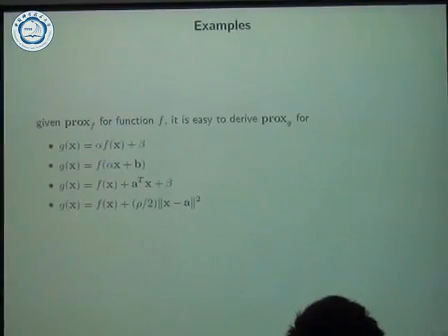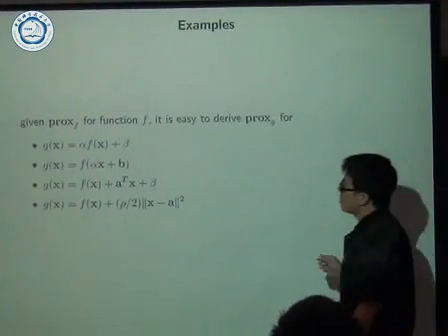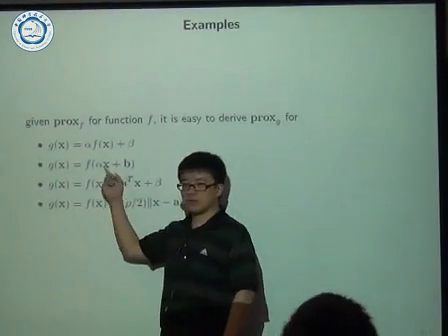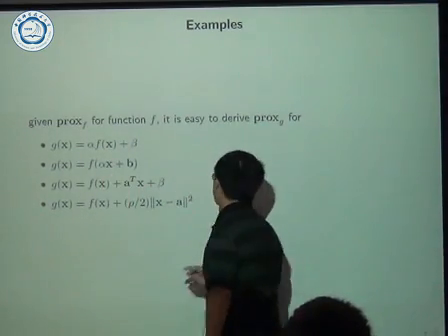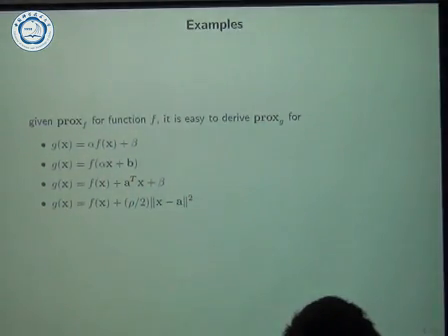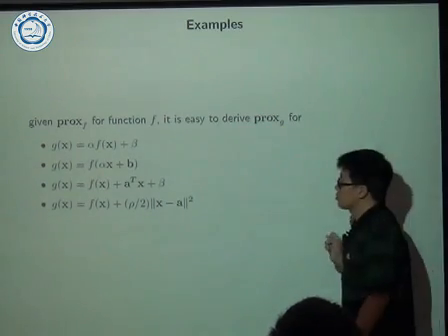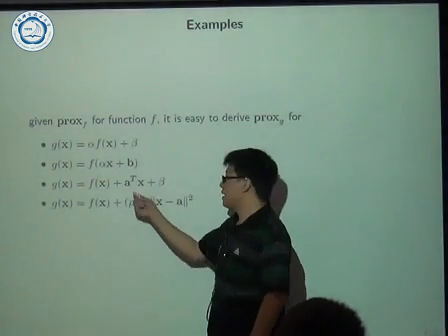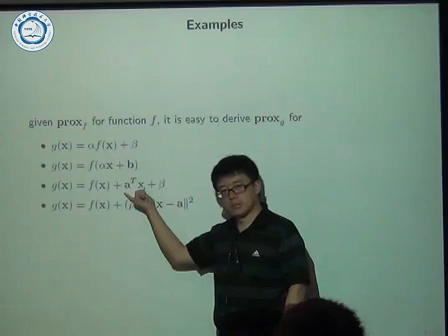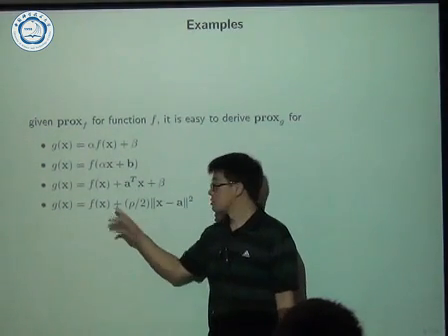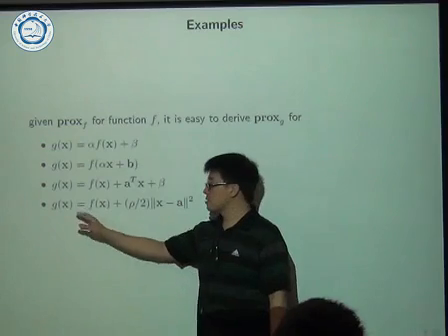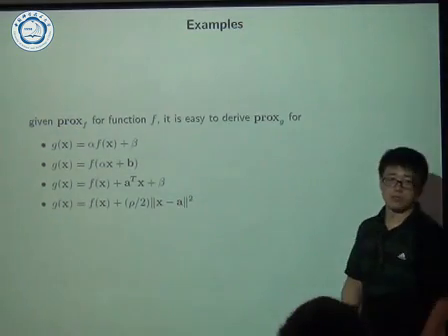If you scale the input, the same thing. Of course, you're not going to scale this thing, but you can scale something else. It's very simple. You should be able to do it yourself. If you add a linear function, it should be easy. If you add a quadratic function to f, it remains easy to derive the solution for g.